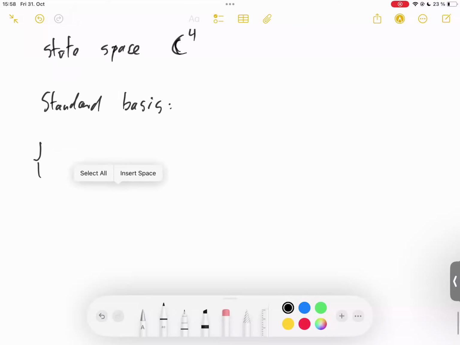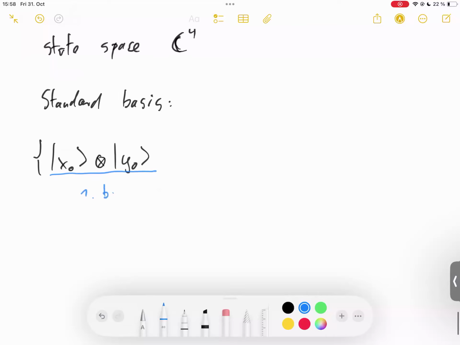So the first basic vector is the tensor product of x0 and y0. So this is the first basis vector. And the basic vector here, in that sense, is a tensor product.